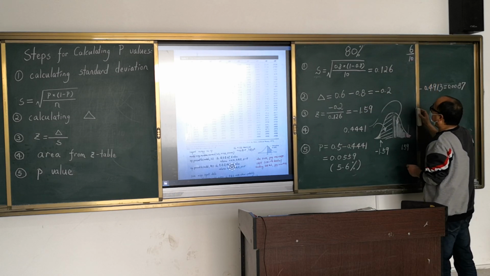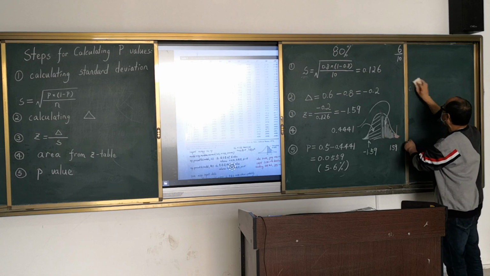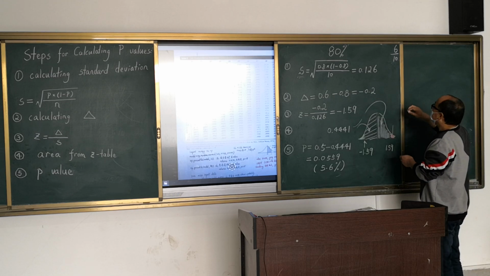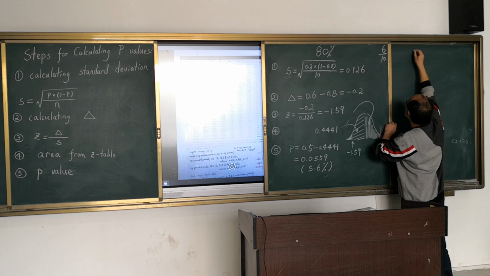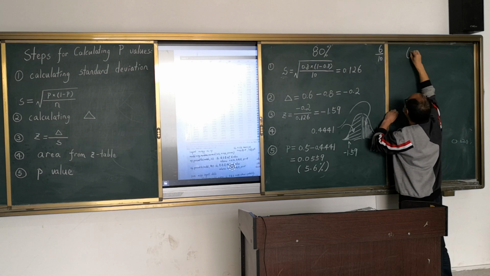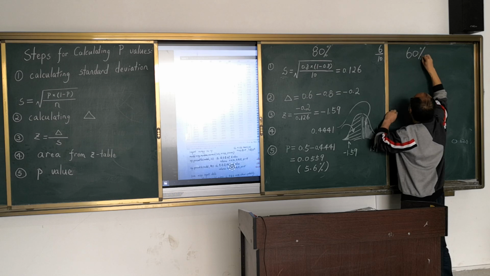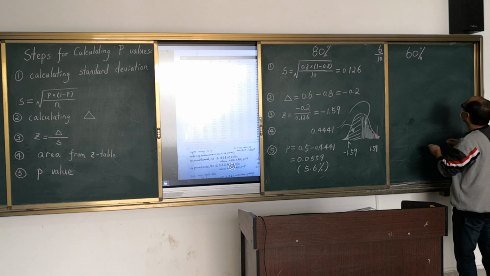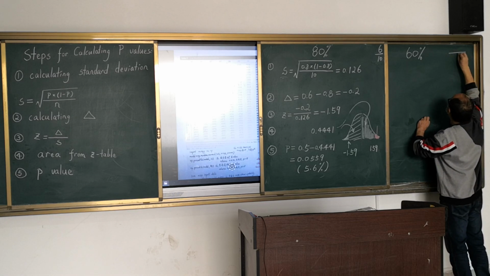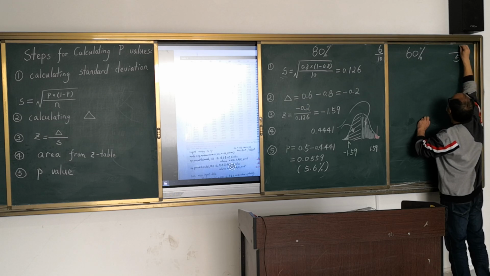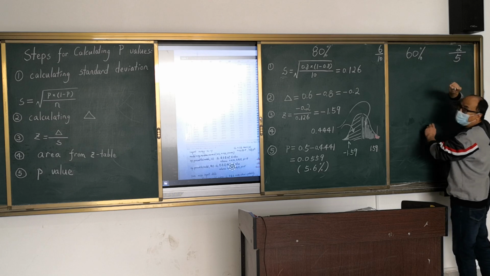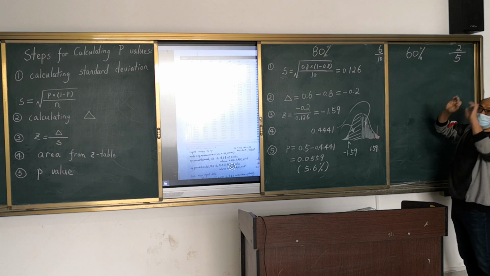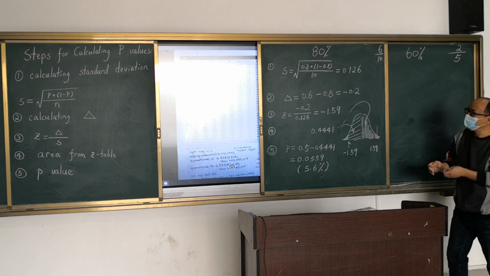Now, I modify another question. Let's say another friend says he is a 60% shooter. He shoots 5 and only makes 2, only 40%.